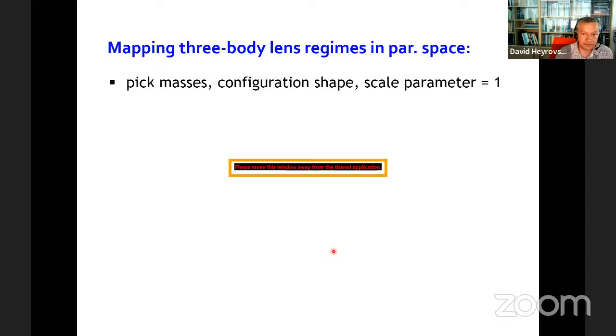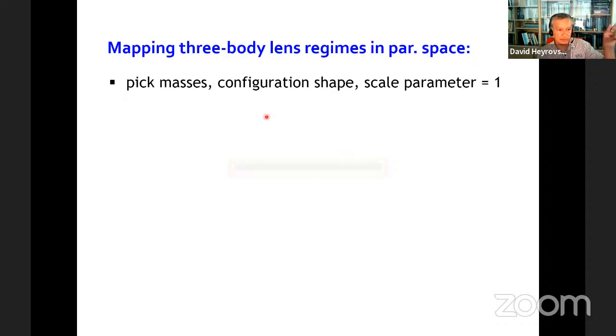So how do we do that in a triple lens or three-body lens parameter space? We can choose some fixed masses, can be a triple star, or a binary with a planet, or a star, planet, moon, or whatever you like. You fix the shape of a configuration.